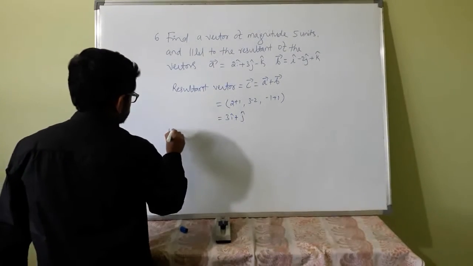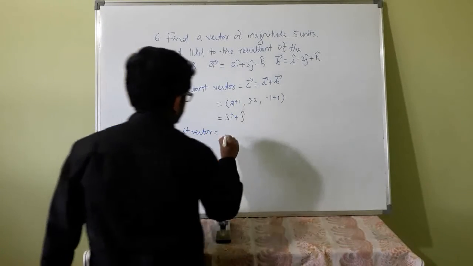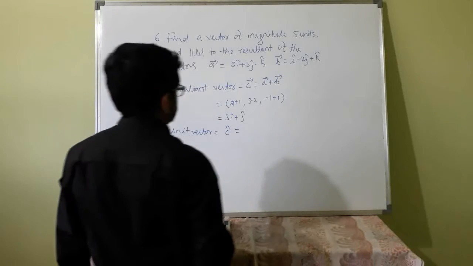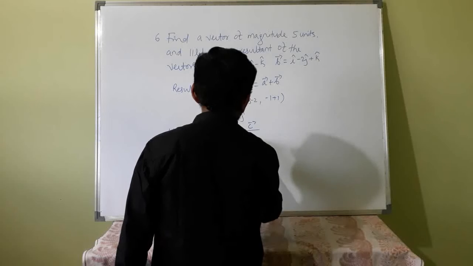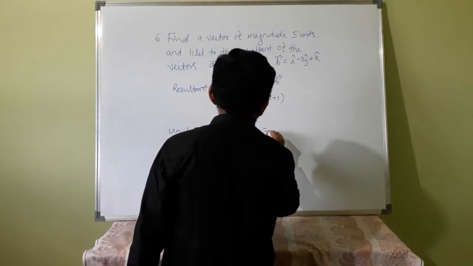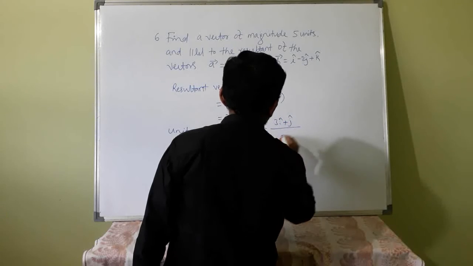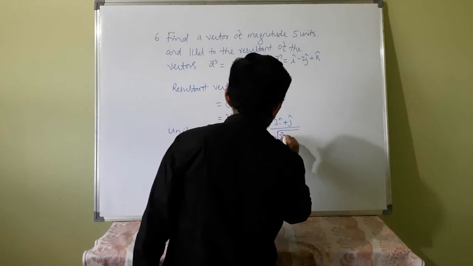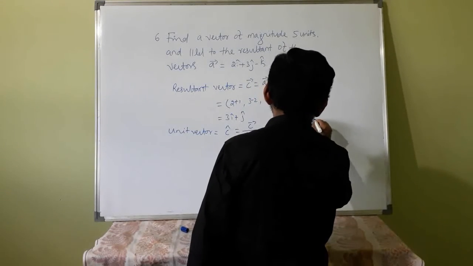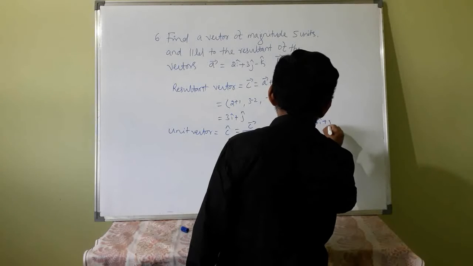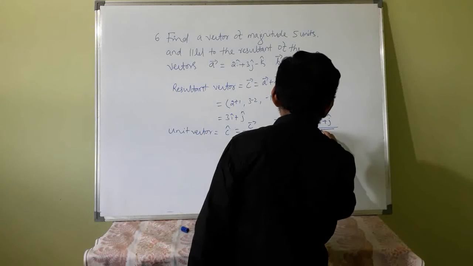The unit vector c cap is equal to c divided by the magnitude of c, that is 3i cap plus j cap divided by the square root of 3 squared plus 1, that is 3i plus j over root 10.